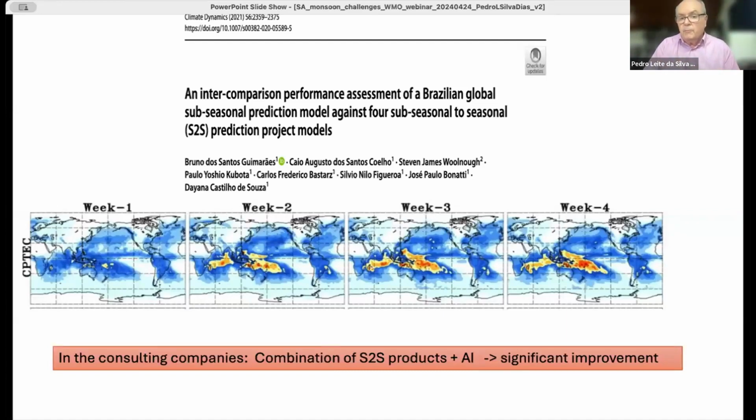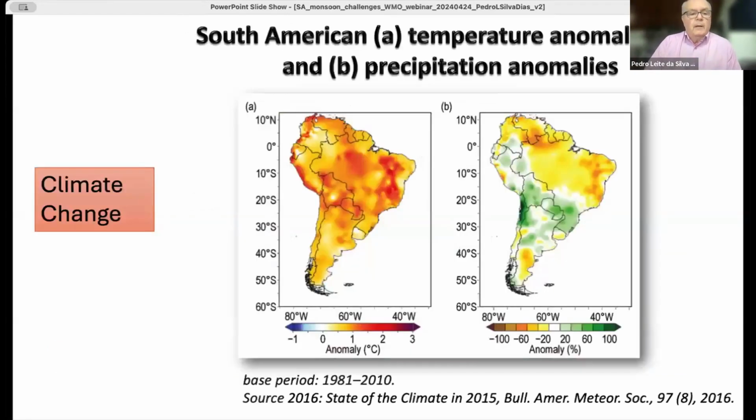So this became really a big business, and everybody's concerned because of the importance of the prediction of week 3, week 4, even longer periods. And of course, climate change is another important issue.